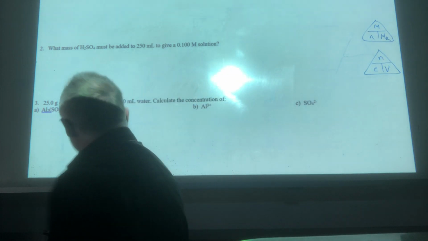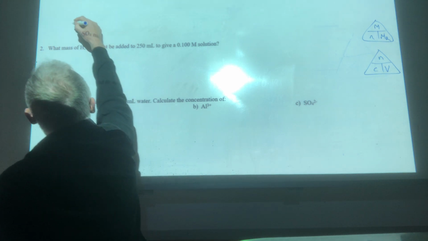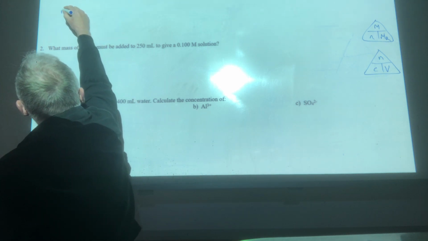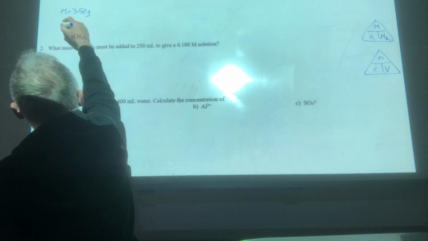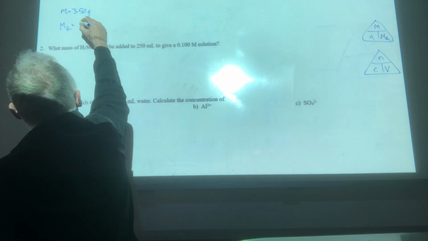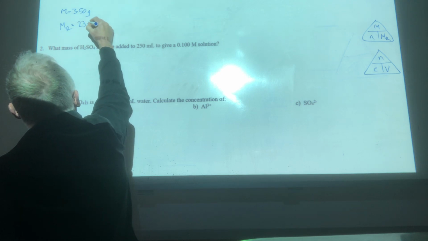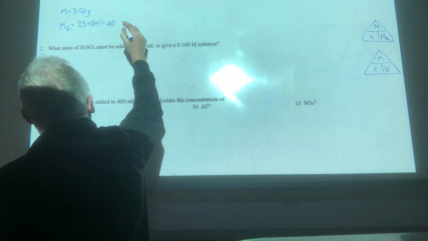So, the mass is 3.50 grams. We need the molar mass. Molar mass of sodium chloride is going to be 23 plus 16 plus 1, which equals 40.